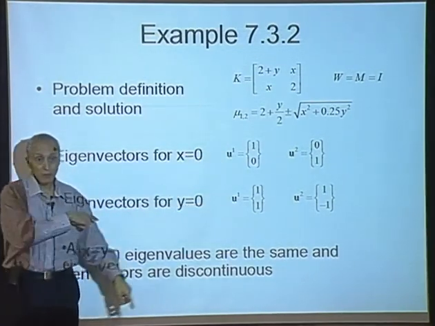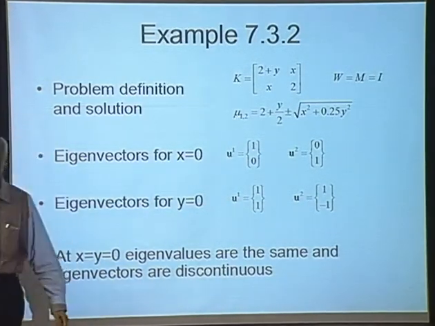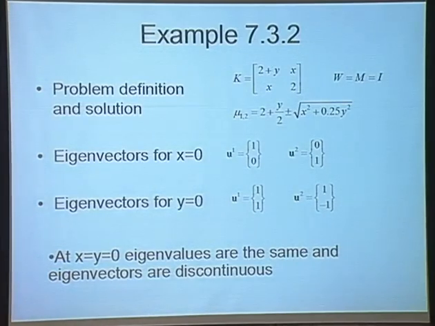If we approach from the horizontal direction, we have this eigenvector. And then in the middle, we have them all. That is, any vector is an eigenvector. So this is a bit confusing, but now I'm going to show you where it's going to kill us when we want to use those derivatives.